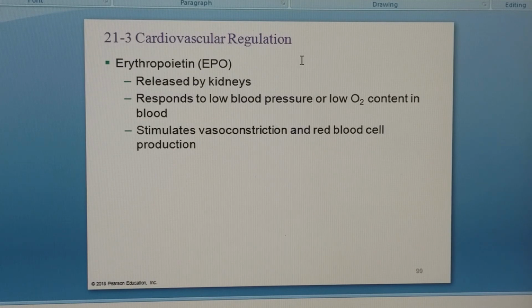So basically what we're doing with erythropoietin is increasing the volume of the blood. We need more oxygen. We need more blood pressure. Let's make some more. Erythropoietin, the hormone.